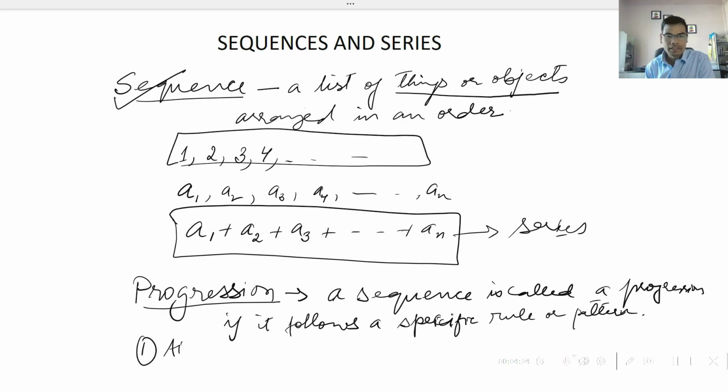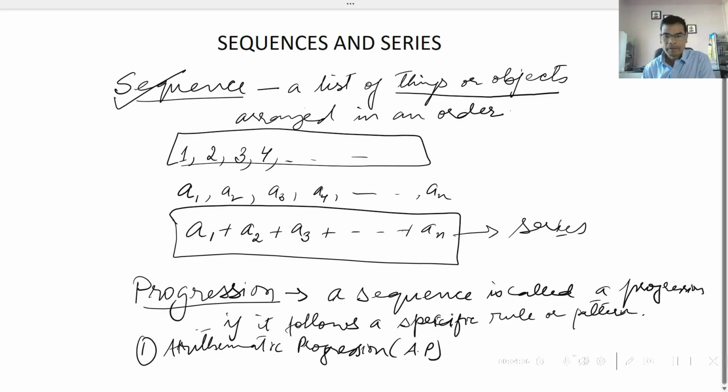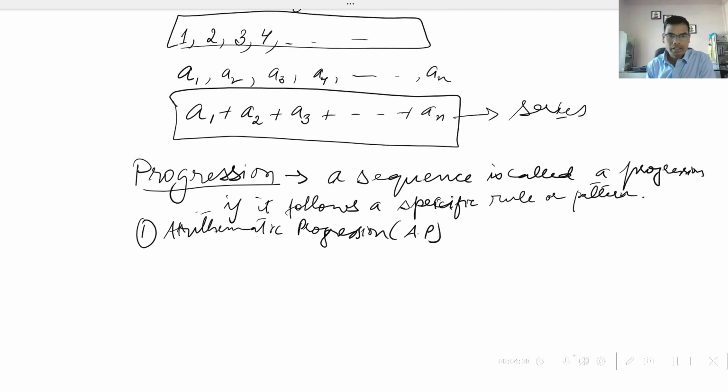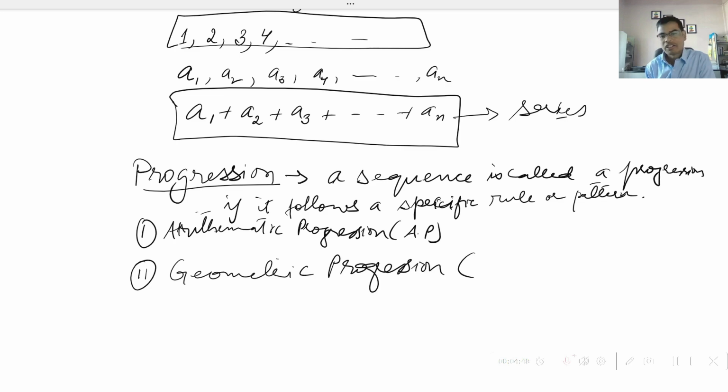We have three types of progression. The first one is arithmetic progression, or in short AP. The second progression we call geometric progression, or in short GP.